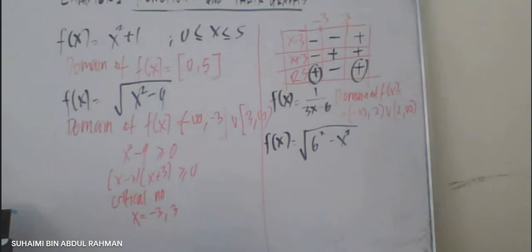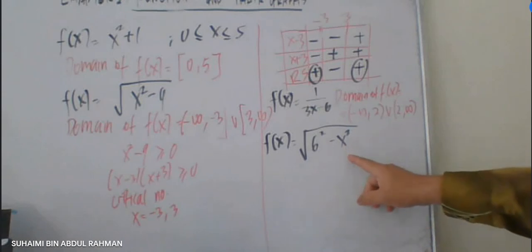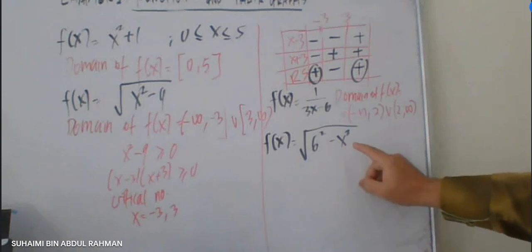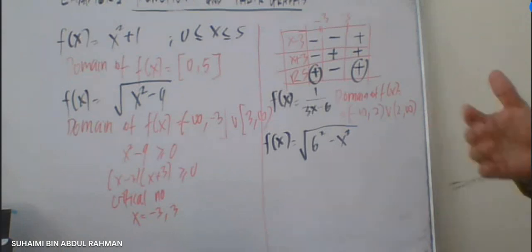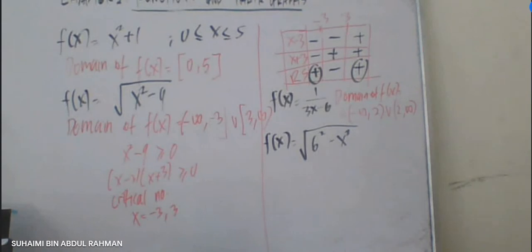So negative infinity to negative 6, and 6 to infinity. If you say 6 to infinity, what happens if x is 7 here? Yeah, the function is defined. If you put 7 or 8, it's 6 to infinity.